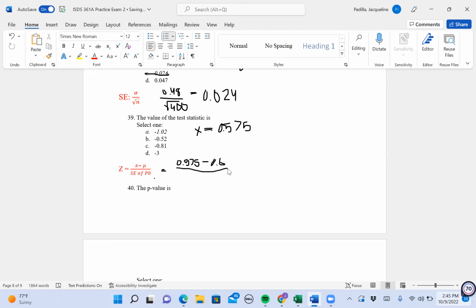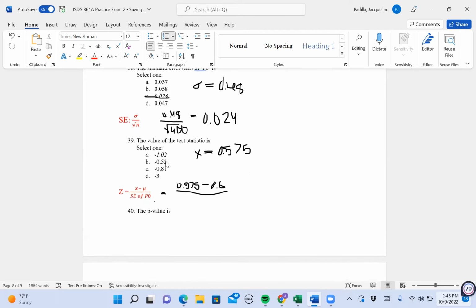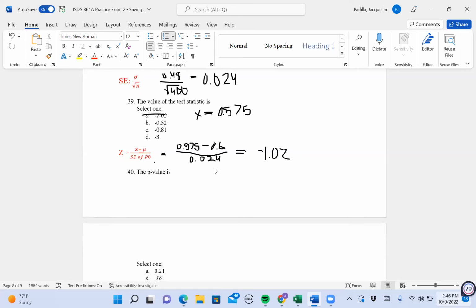And then we're going to divide all of that by what we got in the previous question, the SE, standard error. So that would be 0.024. And that would equal out to be negative 1.02. So that would be letter A, the correct answer.